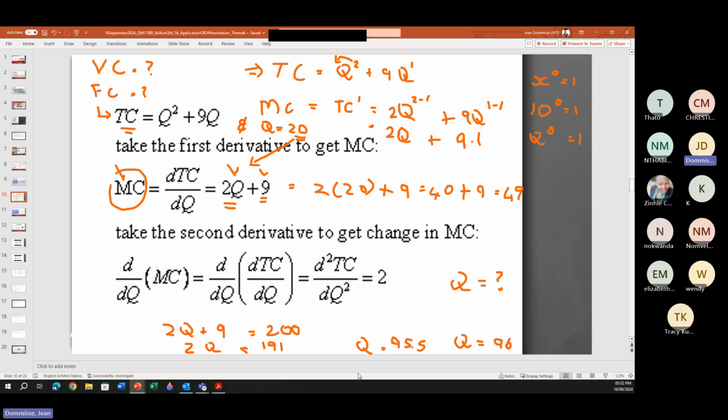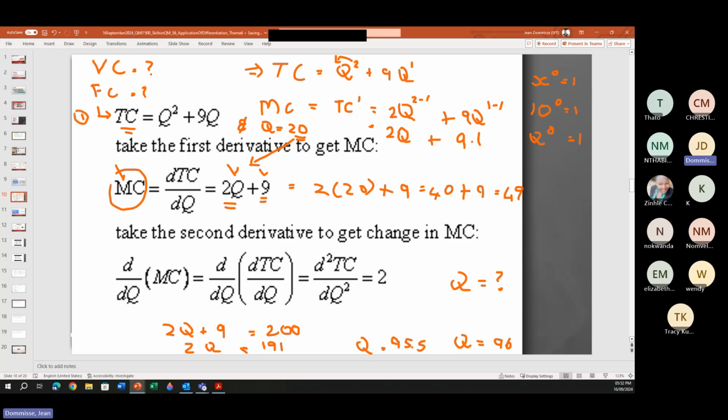When marginal cost is equal to 200, work out the quantity at that marginal cost point.